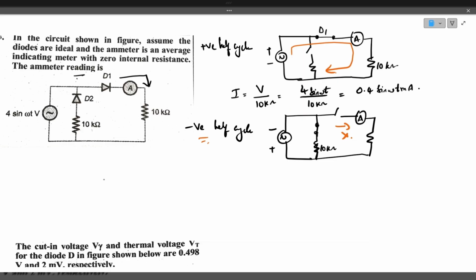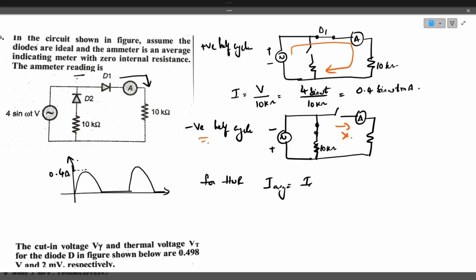The current flows only during the positive half cycles through the ammeter. This is nothing but a half wave rectifier output. The current peak value Im is 0.4 milliamps. For the half wave rectifier, the DC average current is equal to Im by pi. Here Im is 0.4 milliamps. So what will be the answer? The answer is 0.4 by pi milliamps. This is the answer.